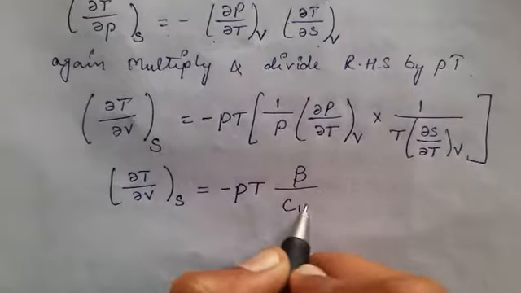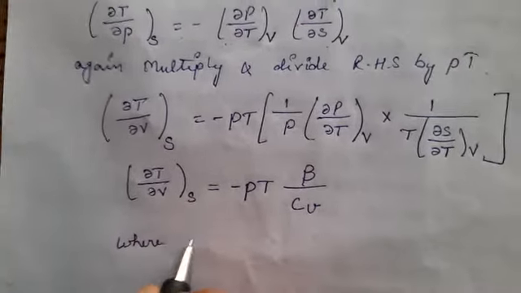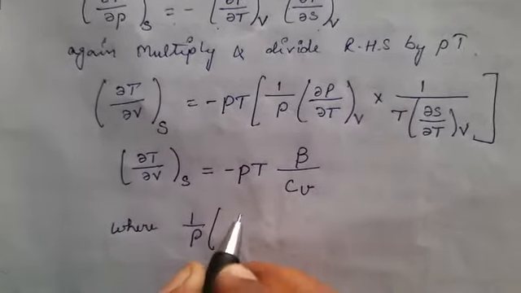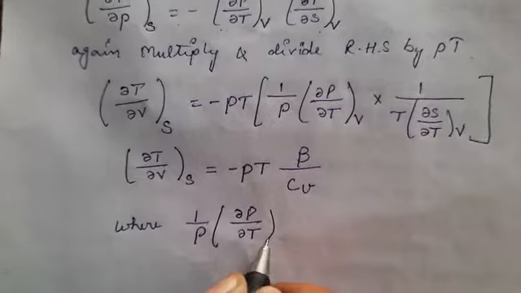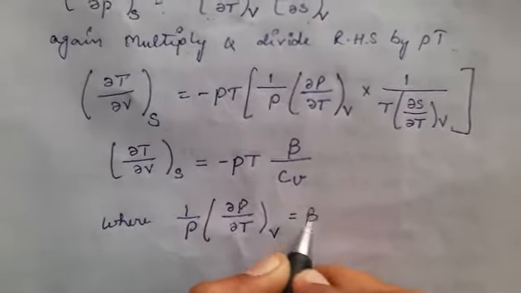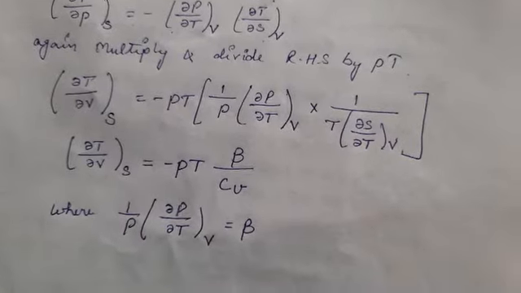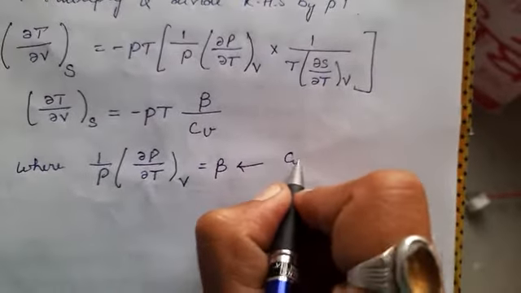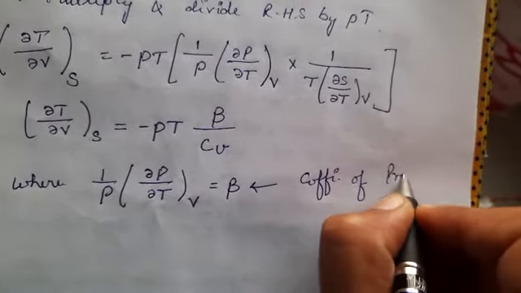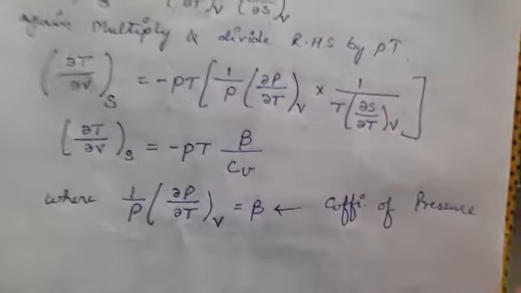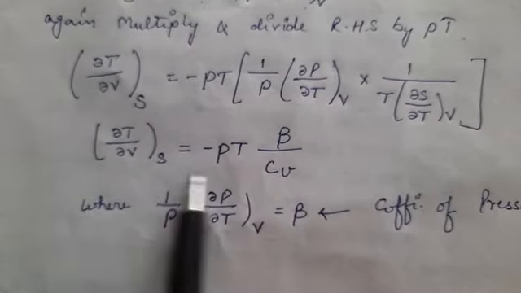beta divided by Cv, because 1 over pressure times ∂P/∂T at constant volume is equal to beta, which is the coefficient of pressure. So we write this relation like that.